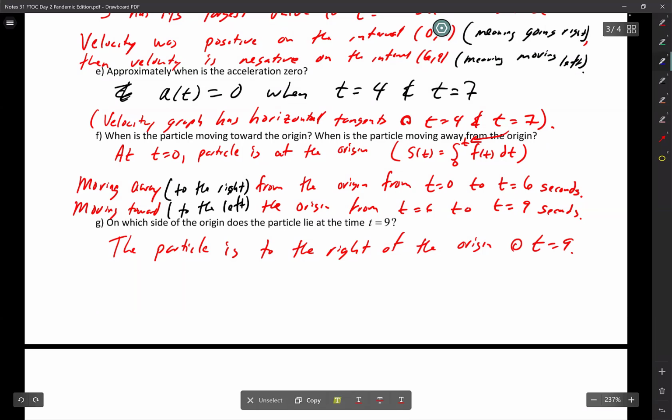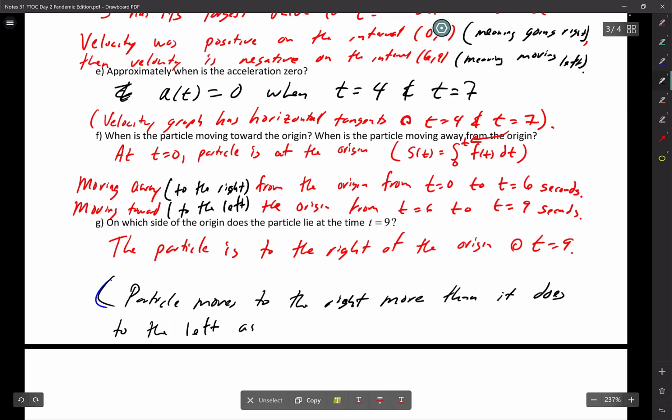And then in parentheses, I'm going to put, particle moves to the right more than it does to the left, as evidenced by areas under the curve. The area under the curve tells you how much you moved, guys.